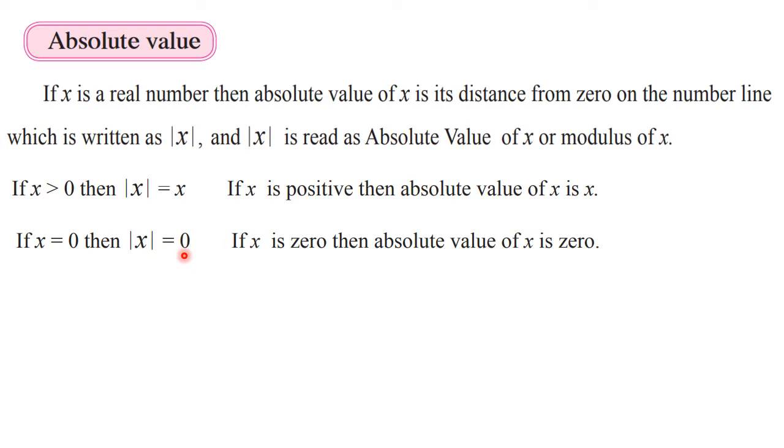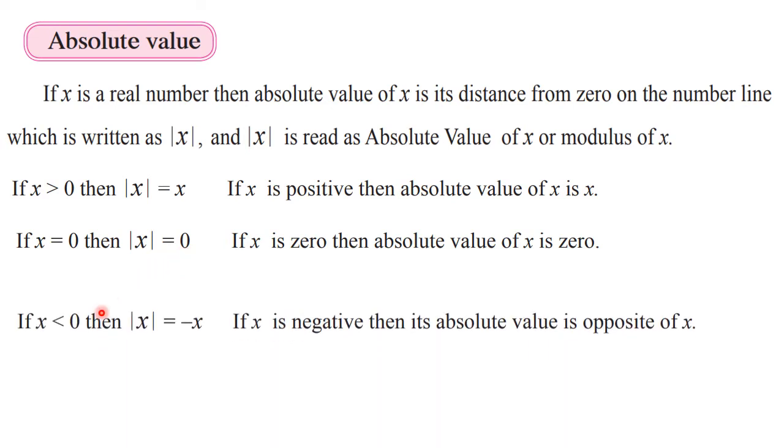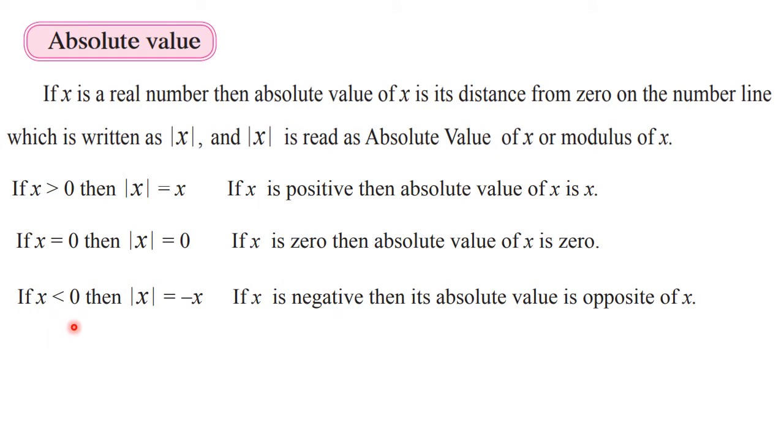And the third possibility, x is negative, that means x is less than 0. So if x is less than 0, then the absolute value of x is minus x. So when x is negative, then the absolute value is exactly opposite of x. If x is minus 3, the absolute value here is plus 3. So it is exactly opposite.